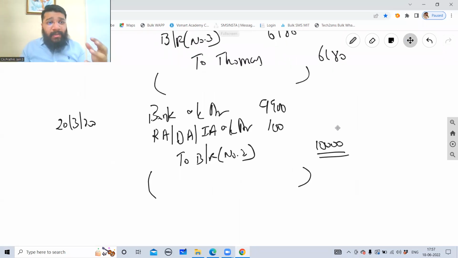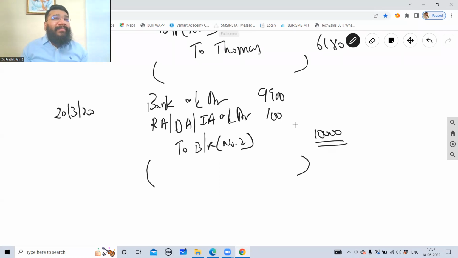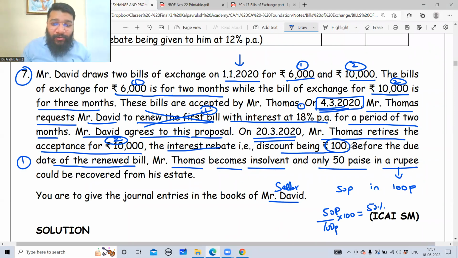Now here one dialogue is coming apt, but it is in Hindi. So I'm wondering, should I say it or not say it? My class, my system, my wish. Okay, so that dialogue goes this way. So when this fellow comes and asks for 100 rupees discount, I want 100 rupees rebate and I'll pay you 9,900.